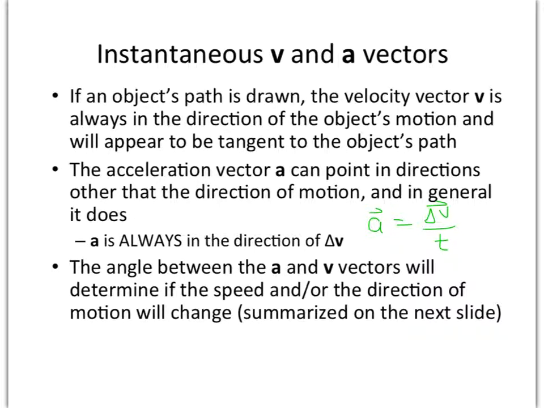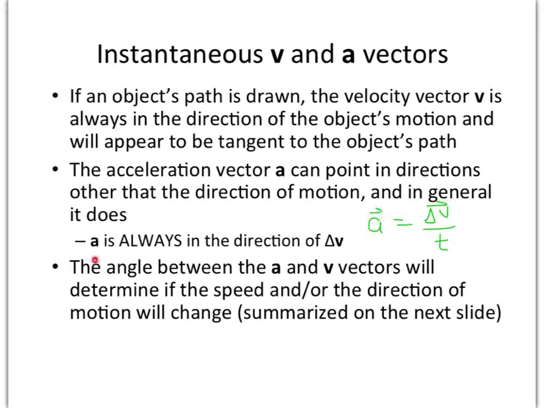So whatever direction this is in, this is going to be in the exact same direction right here. The acceleration vector will always be in the same direction as the change in velocity, but it's not always going to be in the same direction as the velocity at any one point, the instantaneous velocity. And we'll talk about that in just a second.